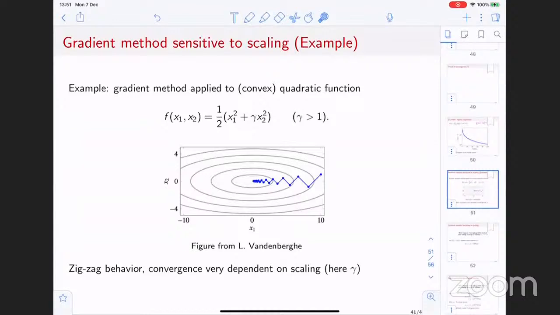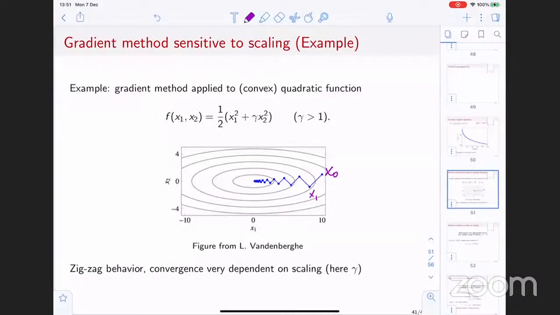This is x0, and then this is x1, and so on. You see this zigzag behavior of the method: the gradient method will take you down from x0, then up, and then down again, and so on.